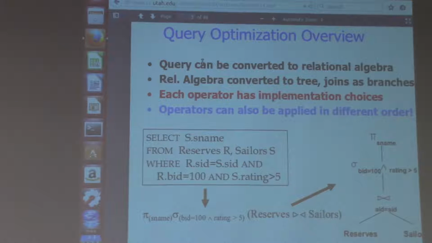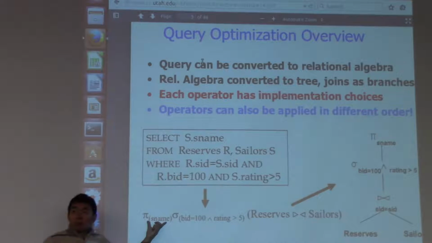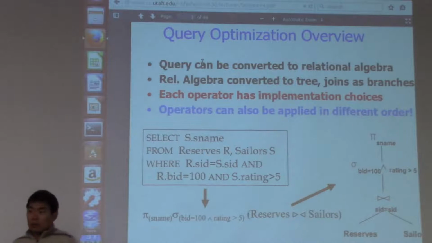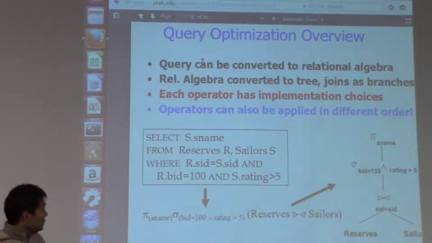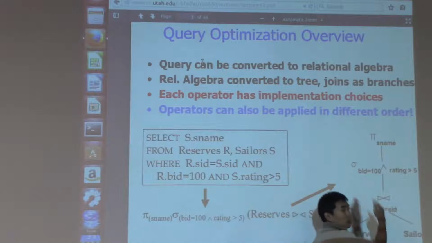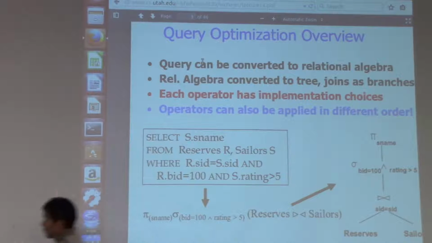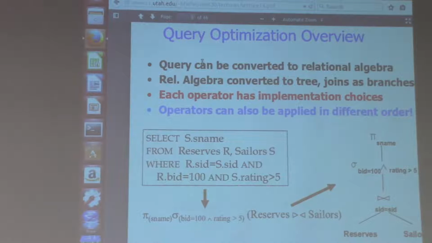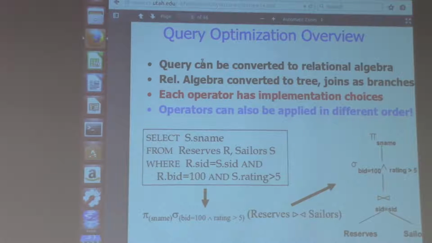In contrast, relational algebra is what we call an operational language. Each is like an operator that operates on things. And then you can represent this as a tree structure. This is what we call a query plan. And if you want to be more specific, it's a query plan tree, because it's always a tree structure.